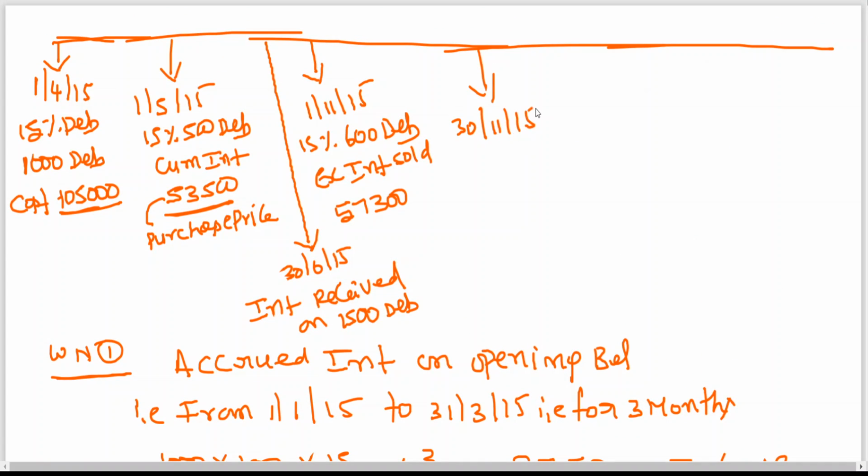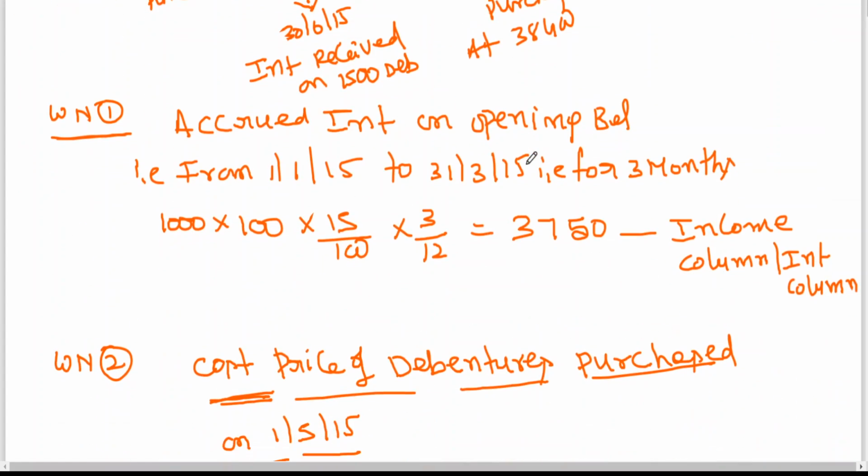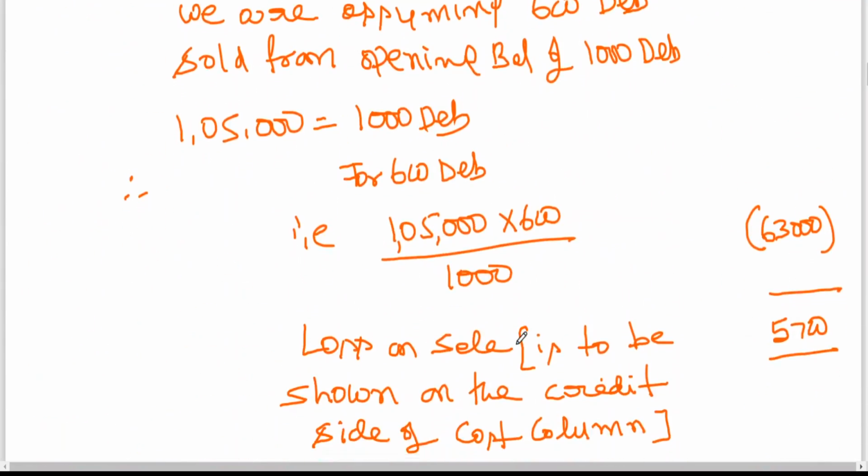November 15, 15%, 400 debentures ex interest purchased at, what is the rate that has been given, at rupees 38,400. Okay, now that will become working notes number 5.